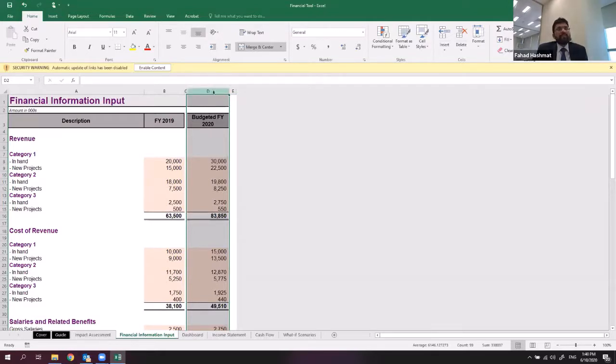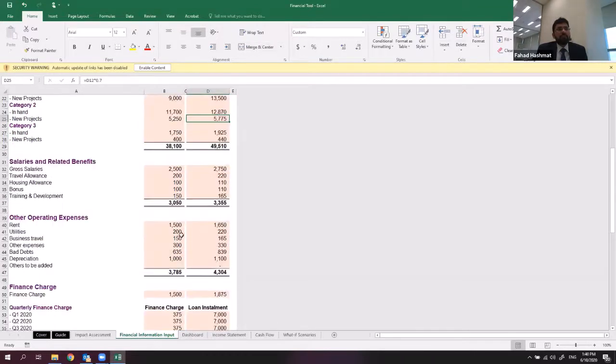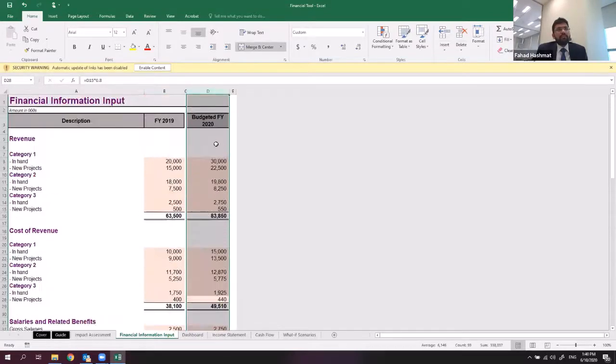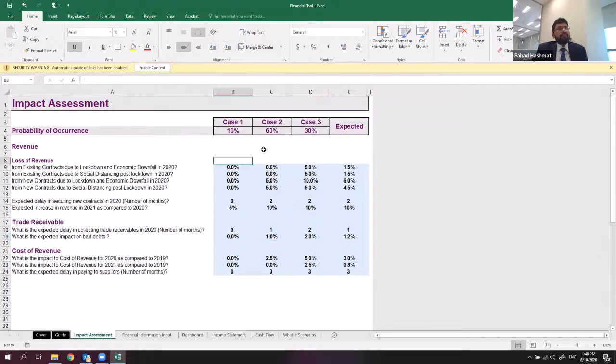So this gets you the starting point that, business as usual, you're expecting some level of growth in your revenue, your margins will stay the same, some slight increment in your cost, and that's the position that you're trying to achieve in 2020.